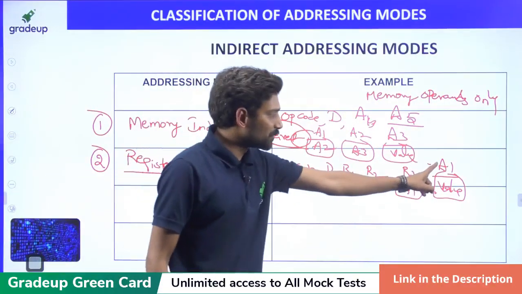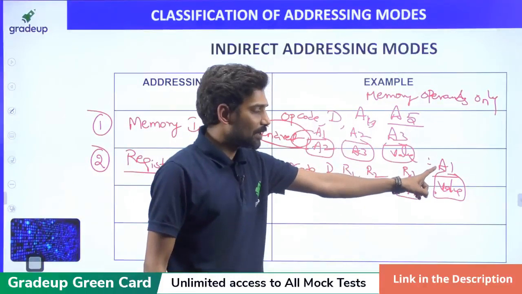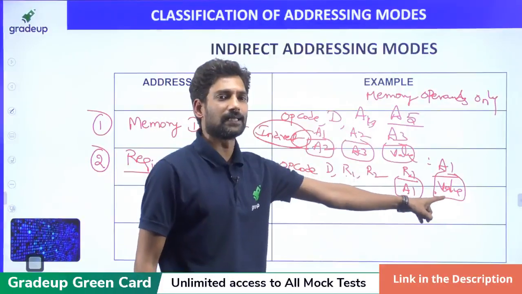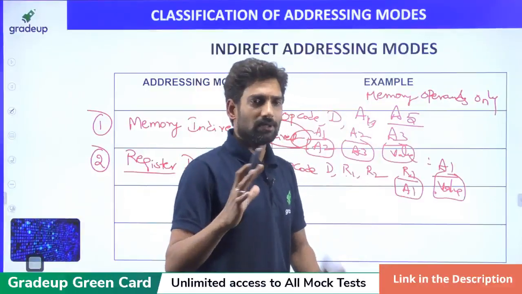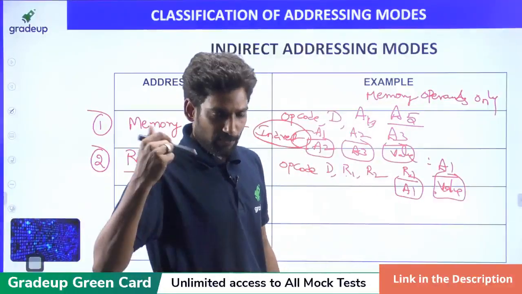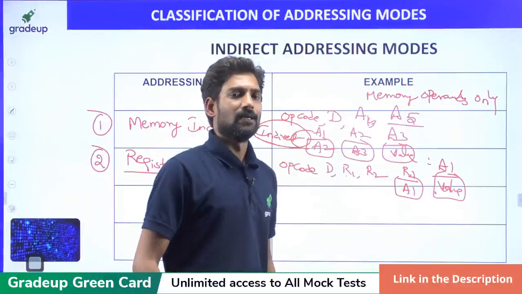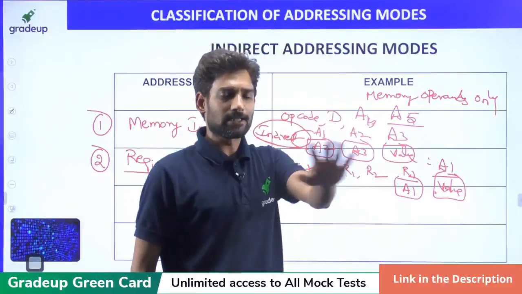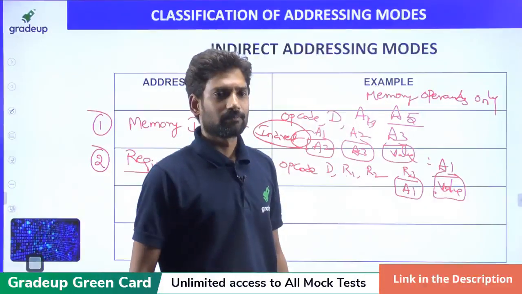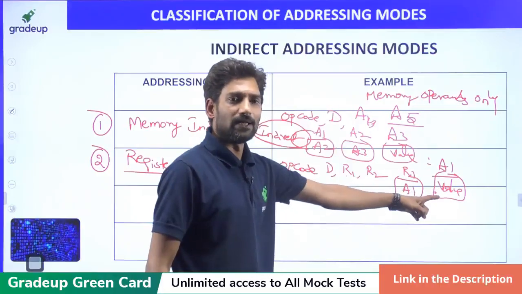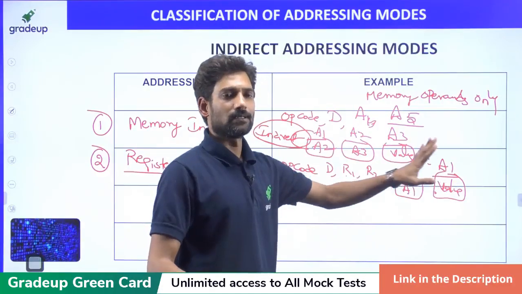My question is: is A1 a direct address or an indirect address? How do you discriminate direct and indirect? If it has a value, that is direct. If it has another address, that is indirect. So A1 has a value, so that is direct.